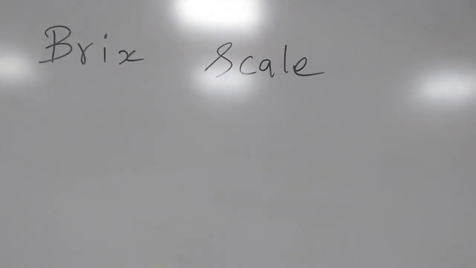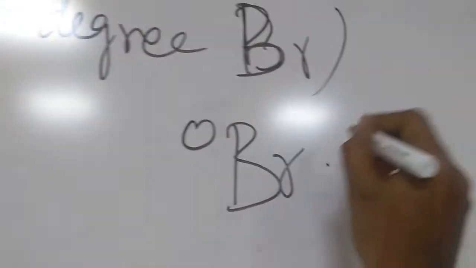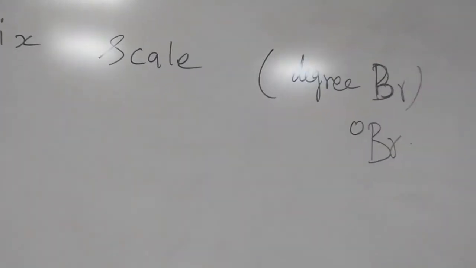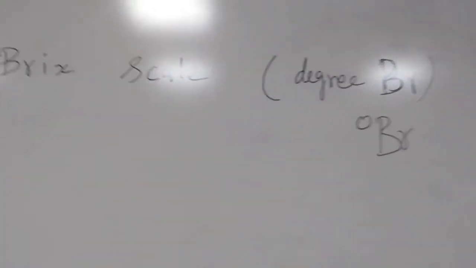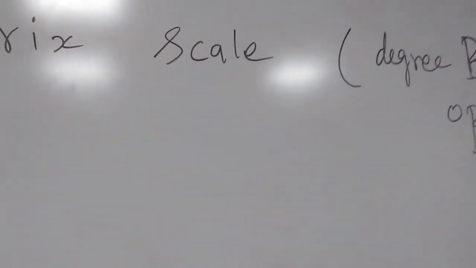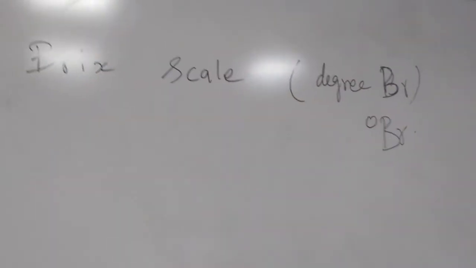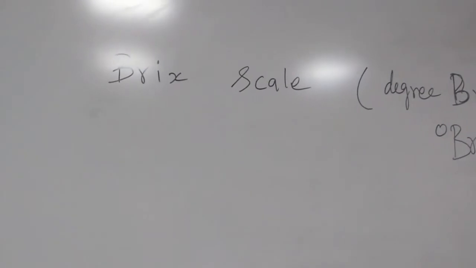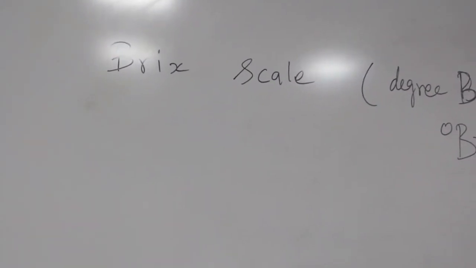Again with the degree we write, that is degree Brix, degree Bx. This is used to indicate the strength of the sugar solution. This scale is mainly used to indicate the strength of the sugar solution in sugarcane industries. This also has a formula.